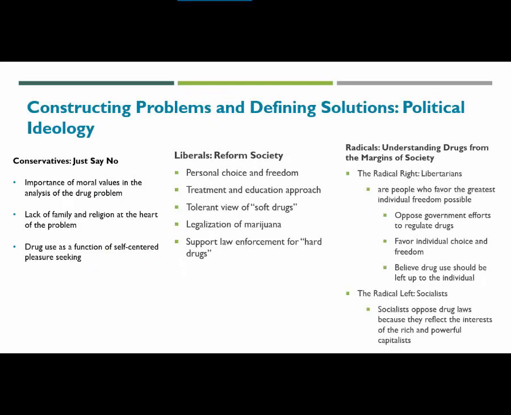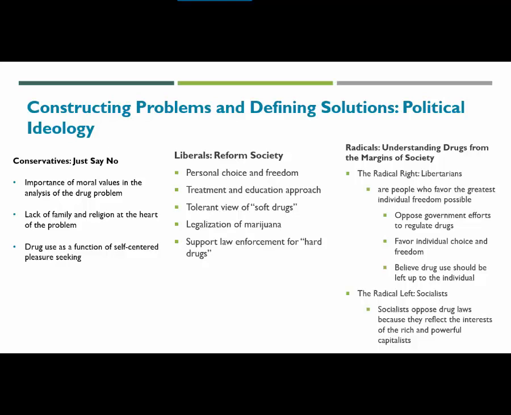And then finally, depending on your political ideology, that largely shapes the types of solutions that you think should be implemented to address drug use and abuse. And so your book identifies four different political ideologies in this chapter, and what their take on this problem is.